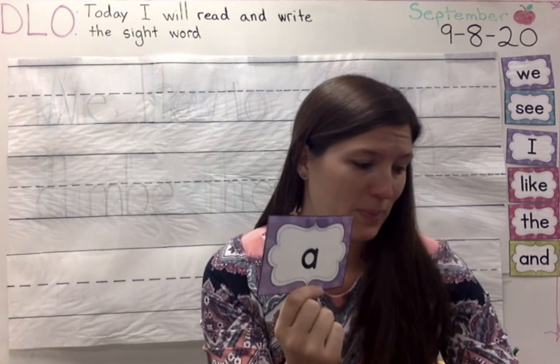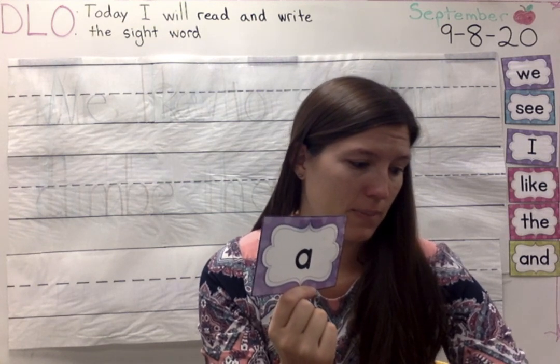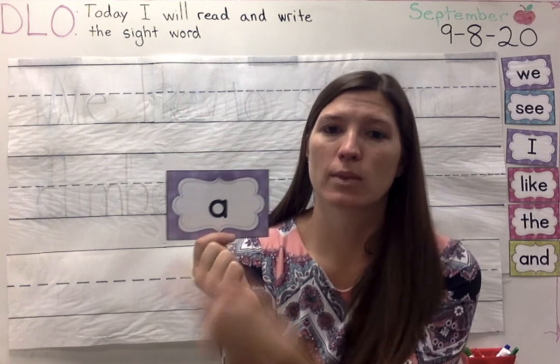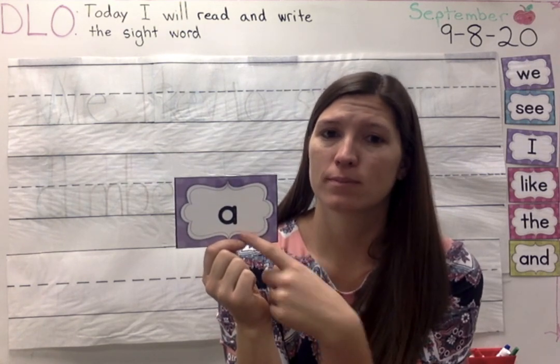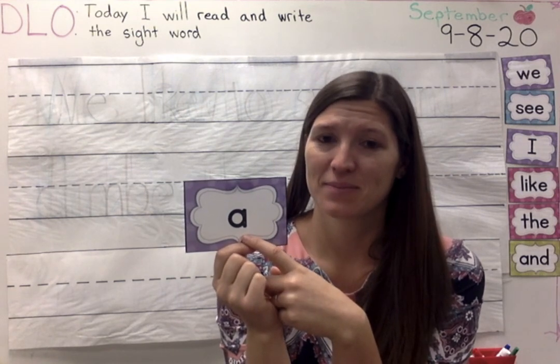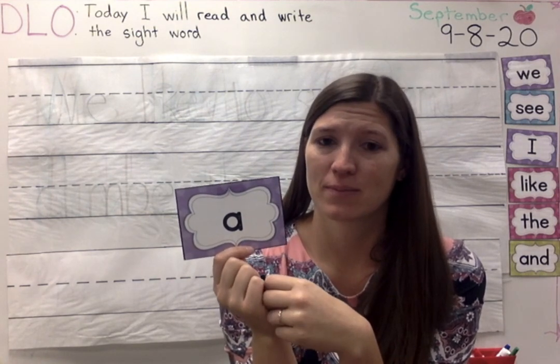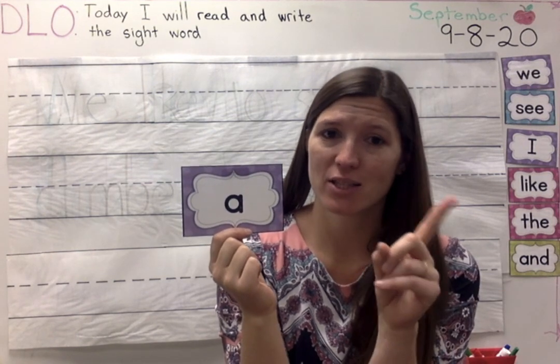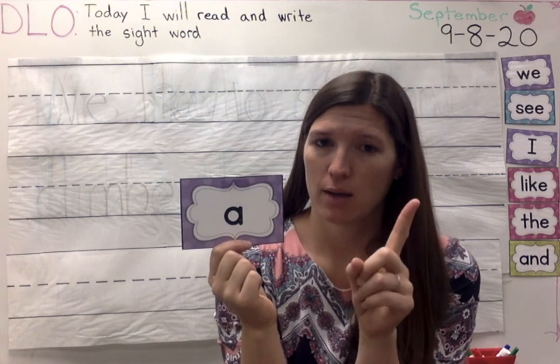Let's listen to the song. A is a letter, the very first letter. A is a letter and it's a word too. Here's a hot dog in a bun. I can only eat just one. A means one. A means one.